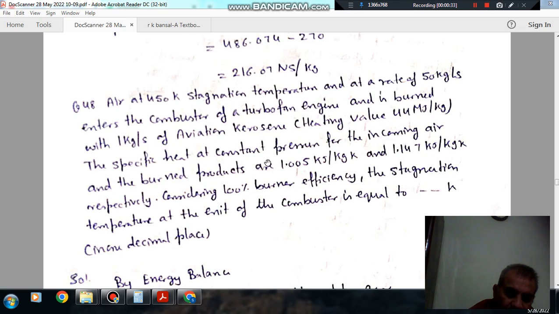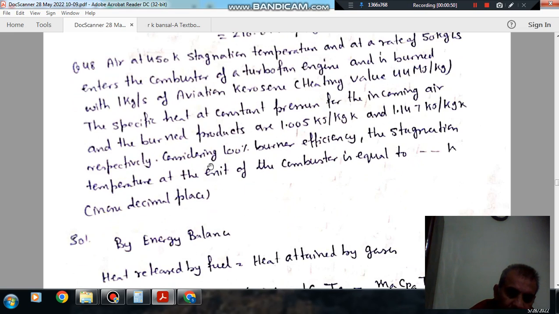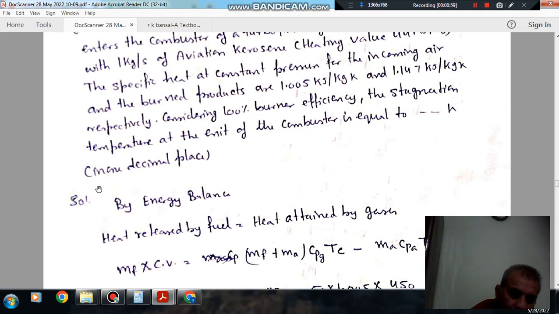The specific heat at constant pressure for the incoming air and the burned products are 1.005 kilojoule per kilogram per degree Kelvin and 1.147 kilojoule per kilogram per degree Kelvin respectively. Considering 100% burner efficiency, the stagnation temperature at the exit of the combustor is equal to dash Kelvin in 1 decimal place.